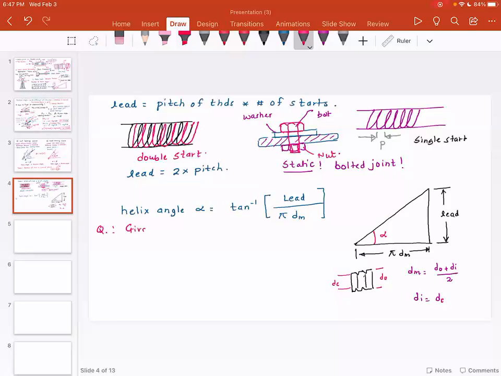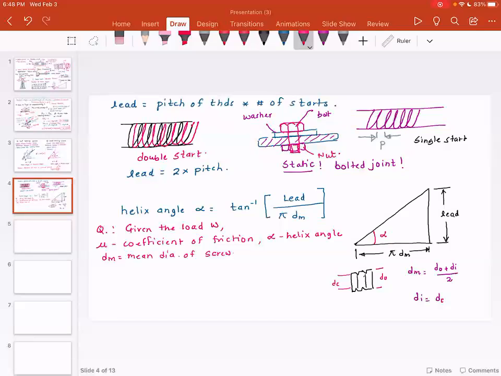Given the load W, coefficient of friction mu, and the helix angle alpha, and assuming the mean diameter of the screw is dm, what is the torque required to raise the load?